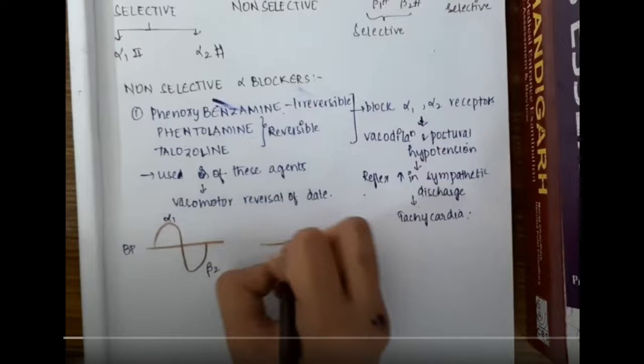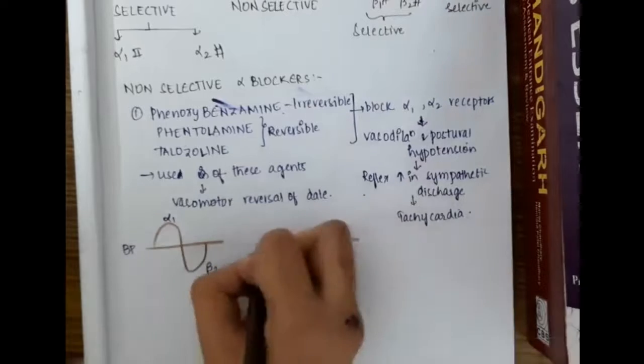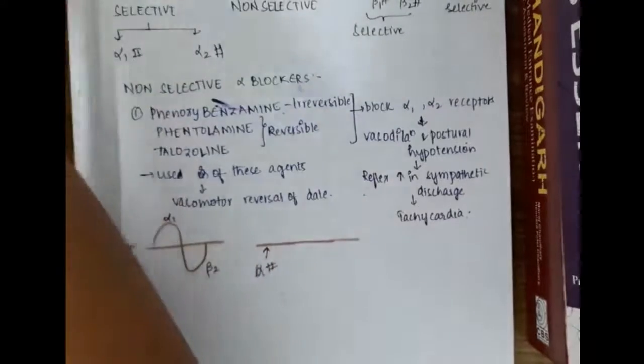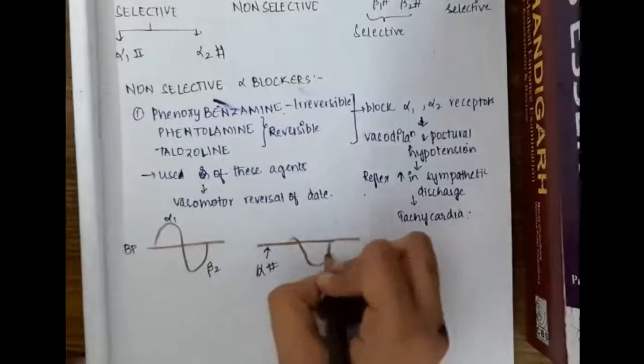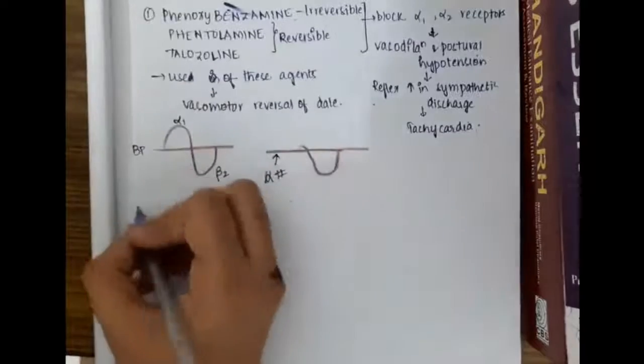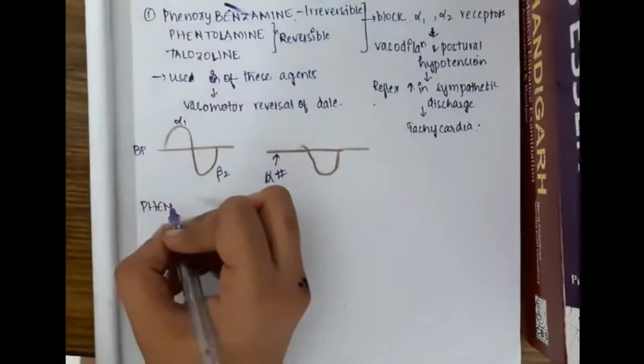So in vasomotor reversal of Dale, initially you give an alpha blocker, so the alpha receptor is not activated. At later doses, the beta receptor is activated, causing vasodilatation and decreased BP. So this graph is called vasomotor reversal of Dale.